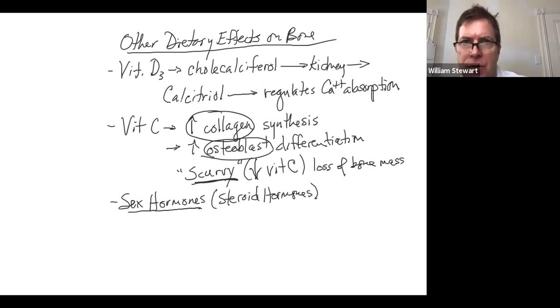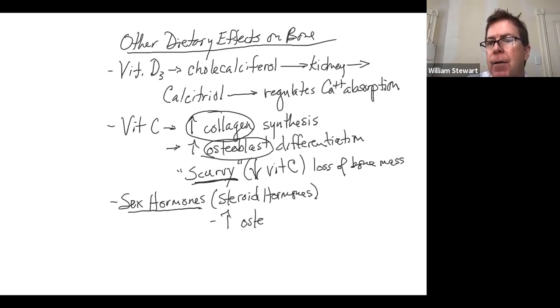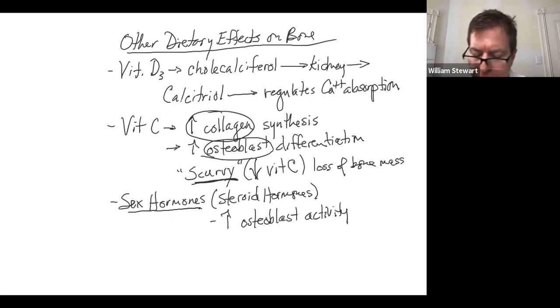We call testosterone the male hormone just because males make more of it, and estrogen the female hormone for opposite reasons. What they do is they increase osteoblast activity significantly. That's why sex hormones at puberty are the key reason for our growth spurt at the end of puberty.